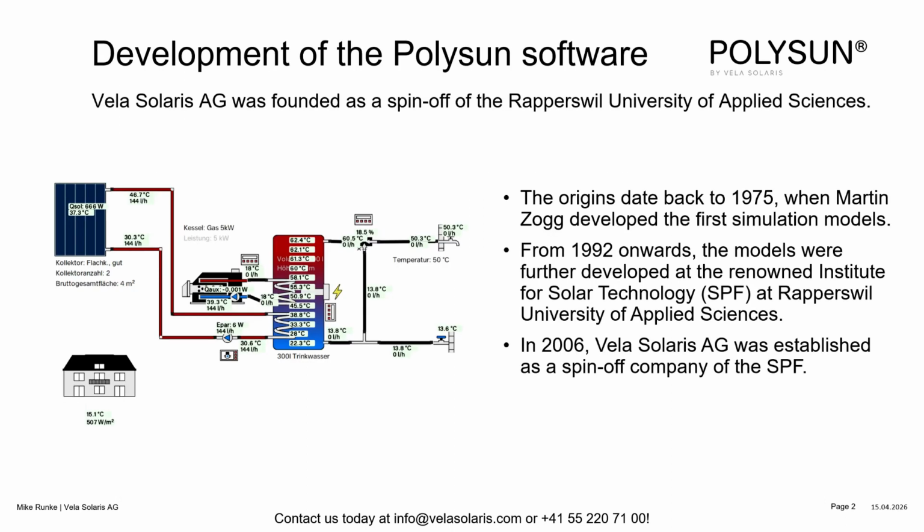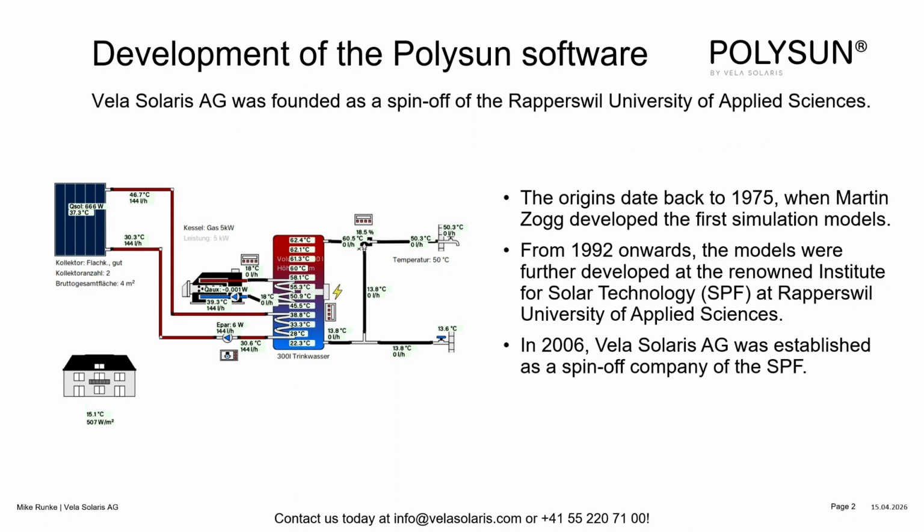So the development of the Polysun software traces back over 50 years. It was 1975 when Martin Sock developed the first foundations, the first models of what you now know as Polysun. From 1992 onwards, the models were further developed at the renowned Institute for Solar Technology, the SPF at Rapperswil, the University of Applied Sciences.